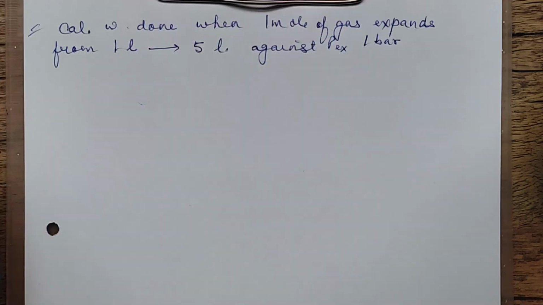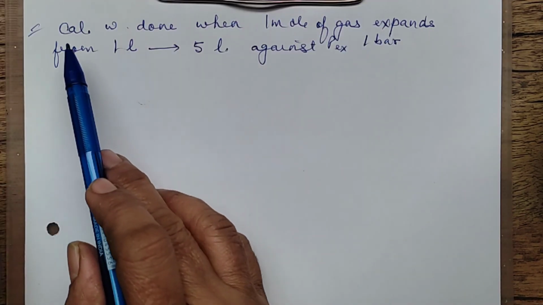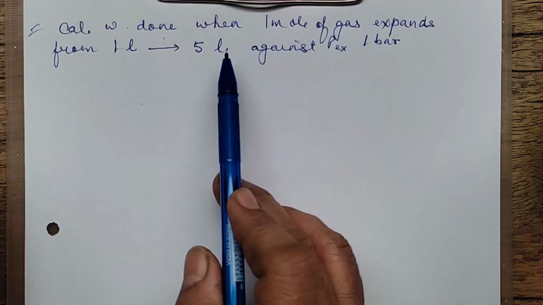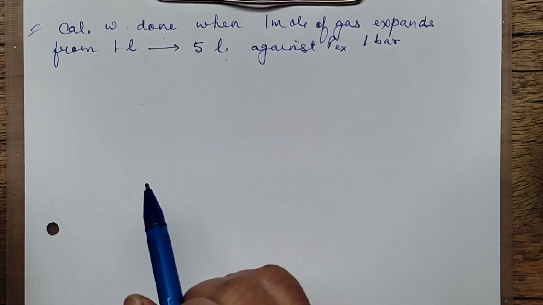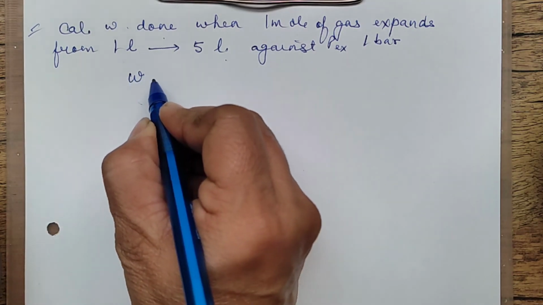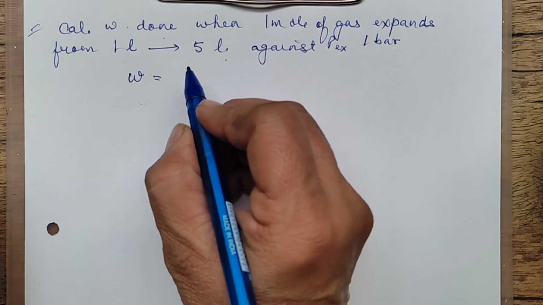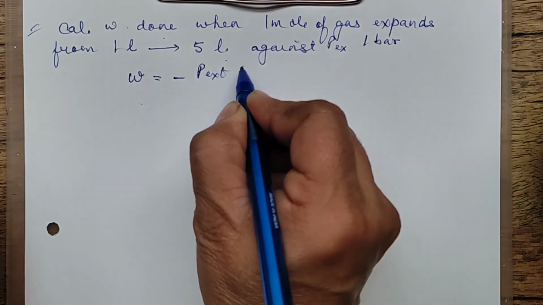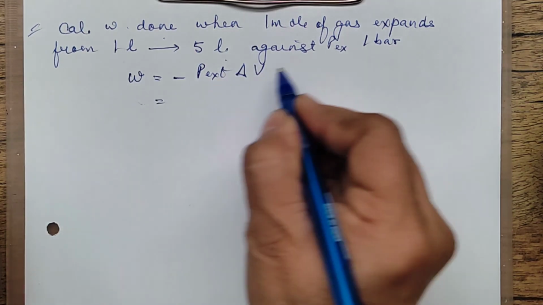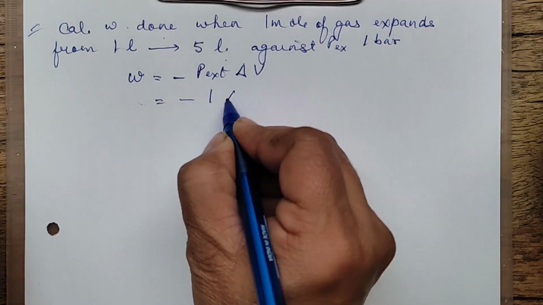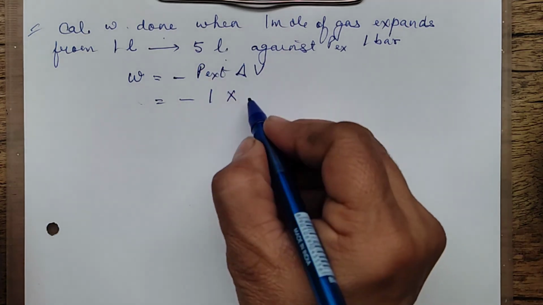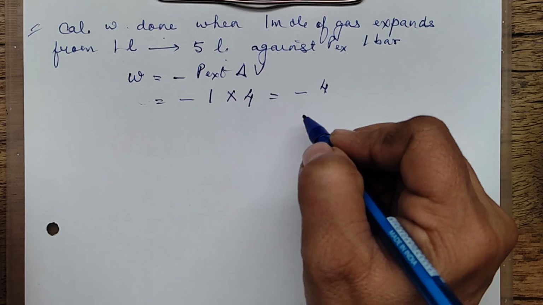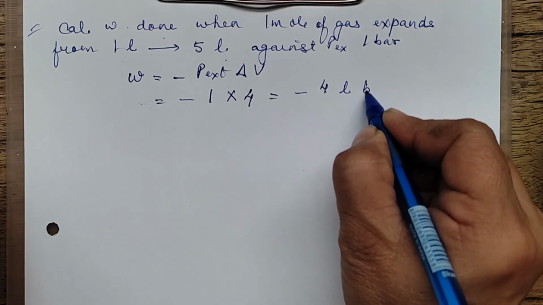Clear? Now, suppose you are asked a question like this. Calculate the work done when 1 mole of a gas expands from 1 liter to 5 liter and the external pressure is this. Simple. You know the formula. Whenever work done is asked in terms of volume and pressure, you are going to use minus P external into delta V. What is the external pressure? 1 bar. So 1. What is the change in the volume? 5 minus 1, 4. So your answer comes out to be minus 4 liter bar.